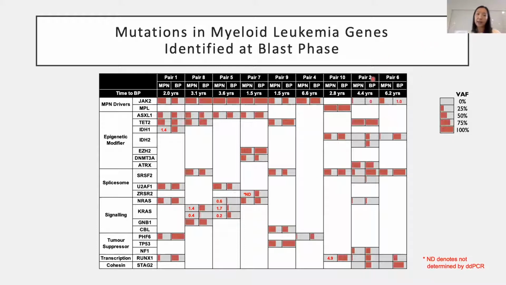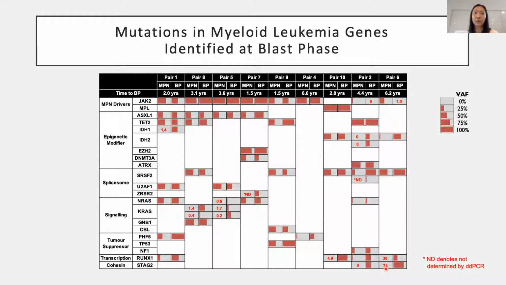When we look at pair 2 and pair 6, our ddPCR results confirmed that these blast phase samples were in fact JAK2 negative, and that ddPCR of these blast phase specific variants did not identify these variants at 4.4 years in pair 2, and in pair 6, at 6.2 years and at 1.1 year, we could not identify RUNX1 or STAG2.